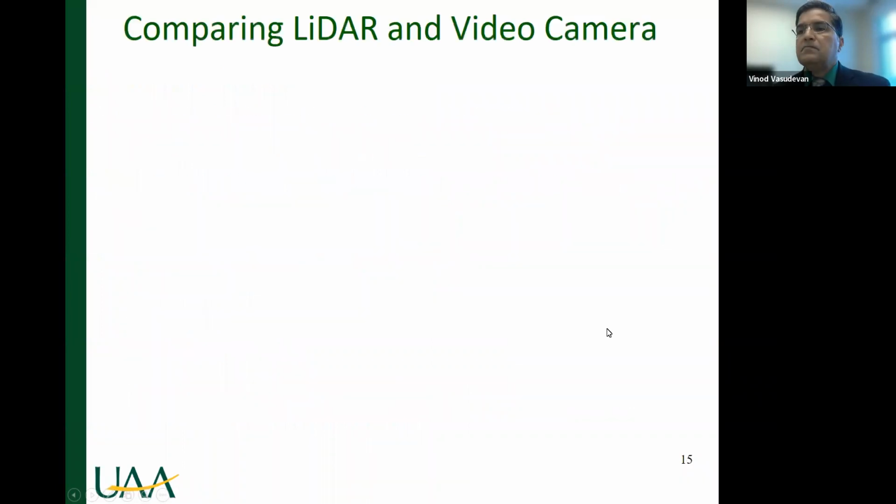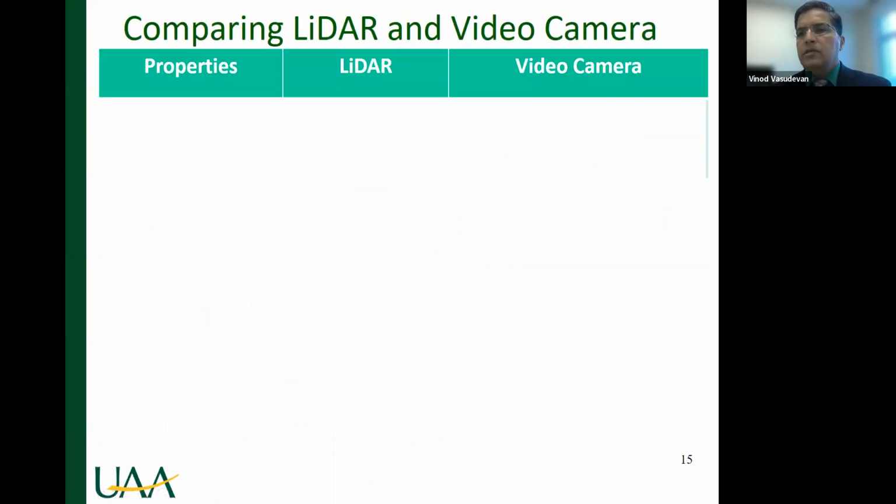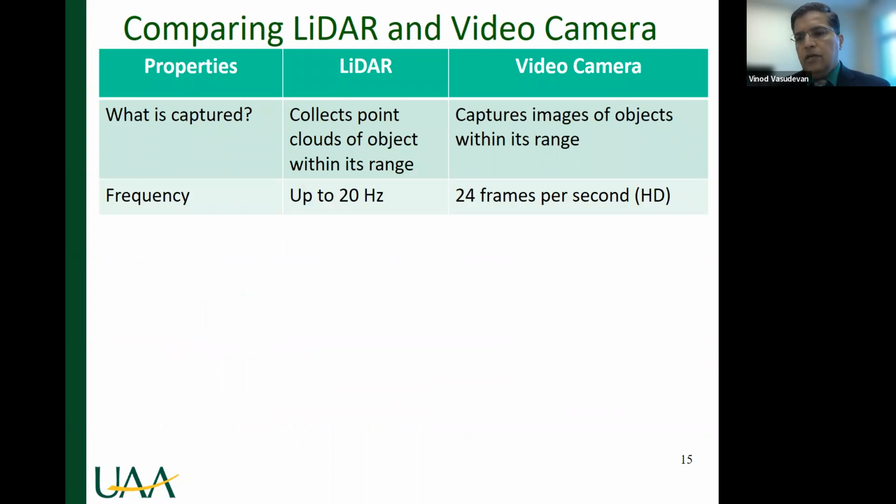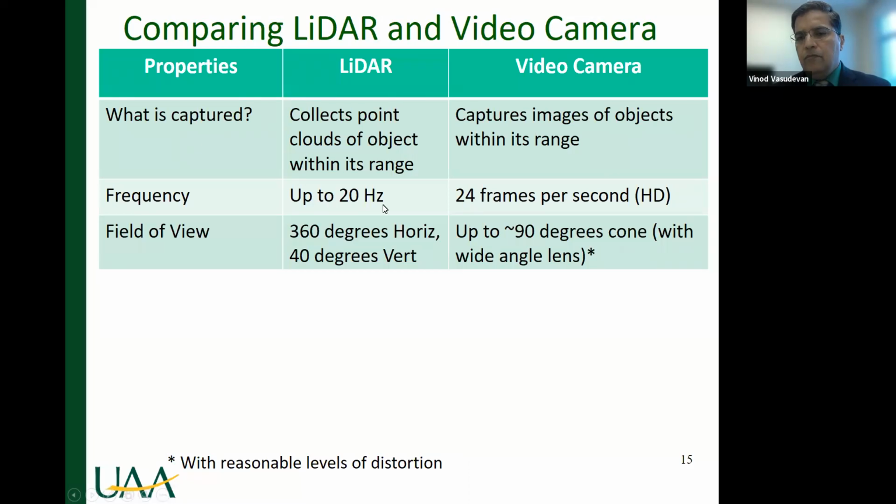Now, a quick comparison between LiDAR and video data. In LiDAR, we collect point clouds of an object within the range, whereas in video, we capture images. The frequency is up to 20 Hertz for LiDAR, though this will vary depending on the LiDAR, and a video camera typically captures 24 frames per second for high definition video.